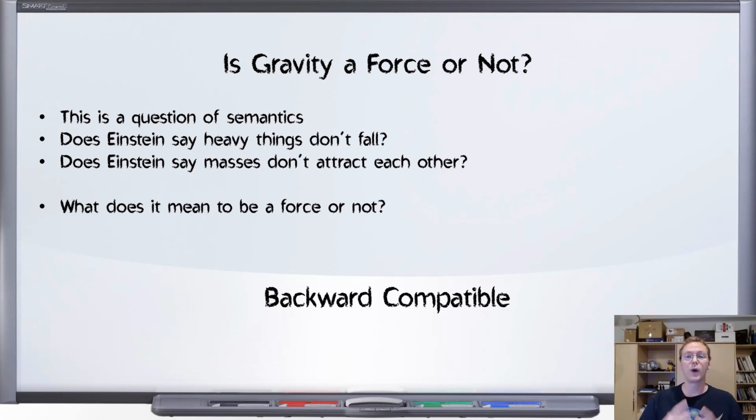Einstein taught us a way to think about gravity in a new way, different from how it was thought of before. It's not incompatible. It is backward compatible. It works the same. All the equations still work, and they must work. In fact, mathematically, if you're a graduate student in physics, you will have done this.